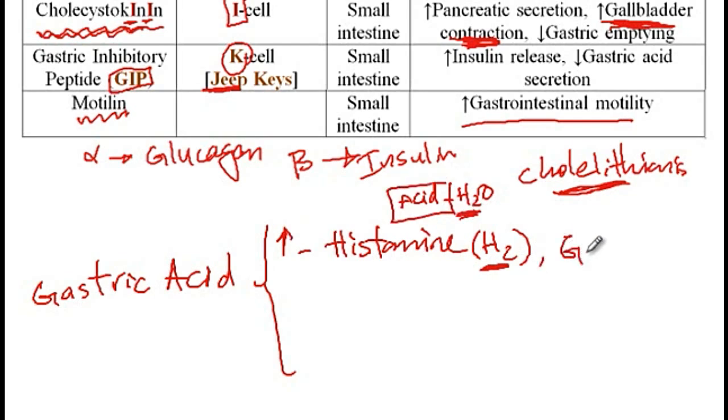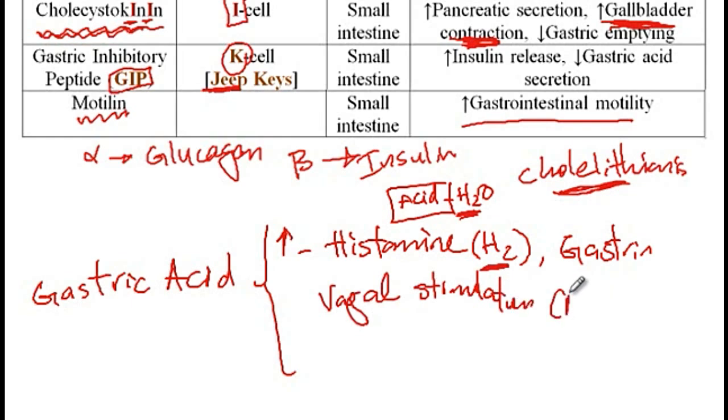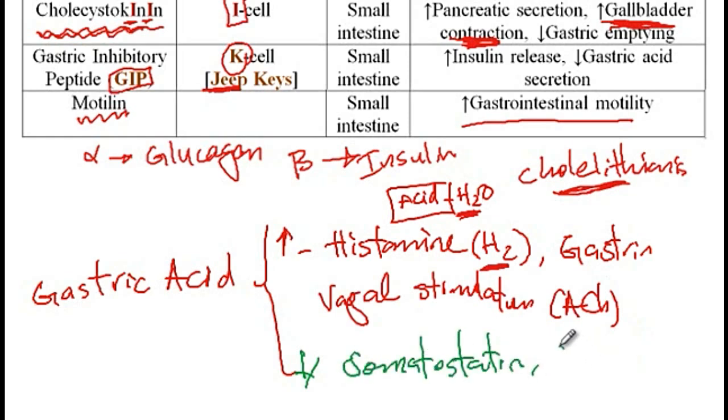Its secretion is also induced by gastrin and vagal stimulation, which increases the acetylcholine. And then the levels decrease by somatostatin, gastric inhibitory peptide, secretin, as well as prostaglandins.